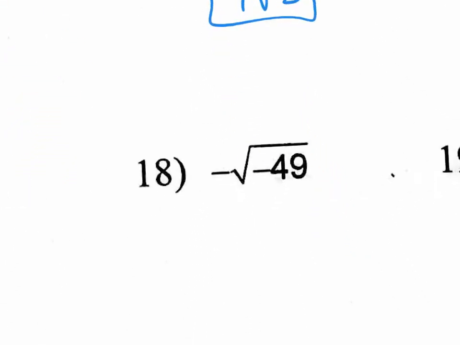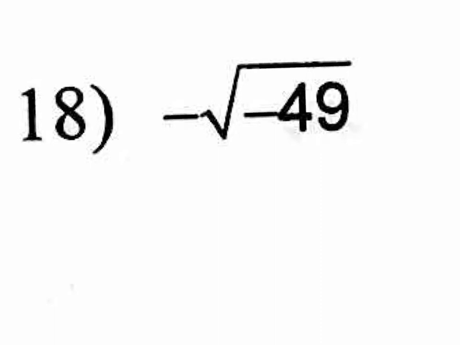Okay, now somebody asked about 18. We have the negative sign out in the front, right? So I'm just going to bring that negative sign down in front of my answer. There's my negative sign right there. Now, notice that there's a negative sign inside the root. What does that mean? What kind of answer are we going to have? Imaginary.